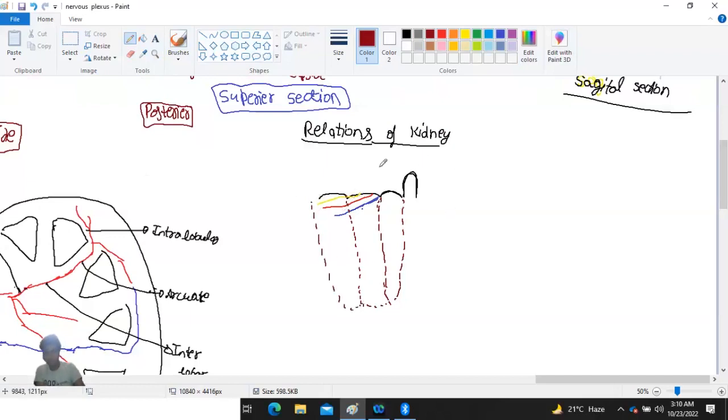Then here are the nerves called iliohypogastric and ilioinguinal nerve. These are the things which are posterior relations. Kidney is like this. If we draw the kidney, kidney is like this.